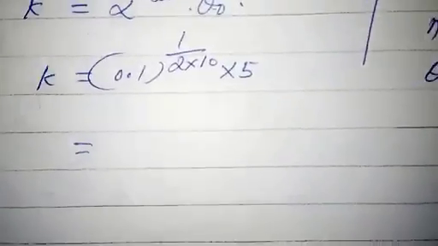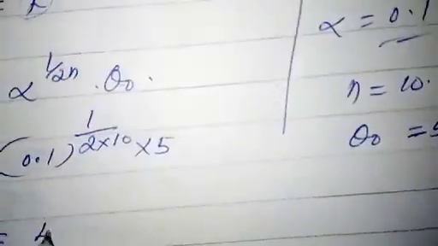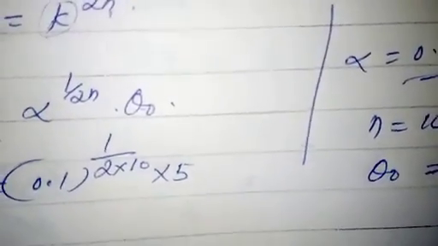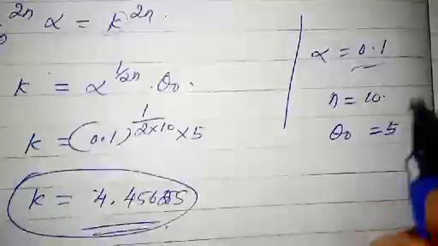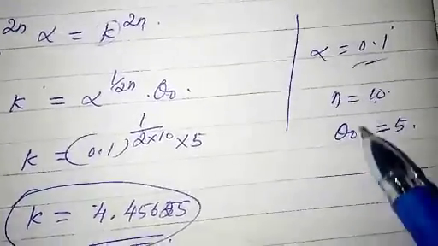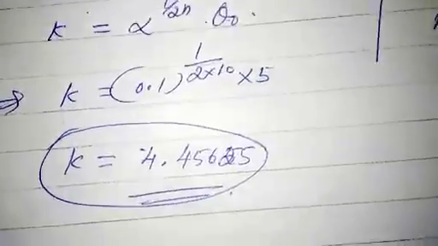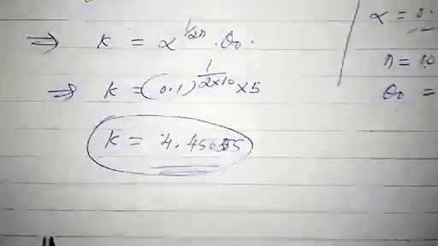Then the value for k is 4.45625. This is the value of k when alpha equals 0.1, n equals 10, and theta naught equals 5. For this test, k equals 4.45625. Understood?